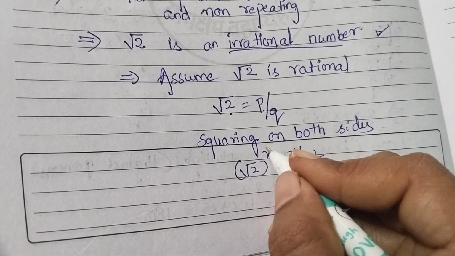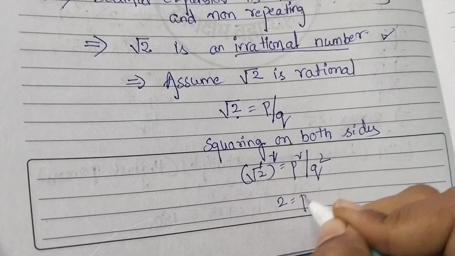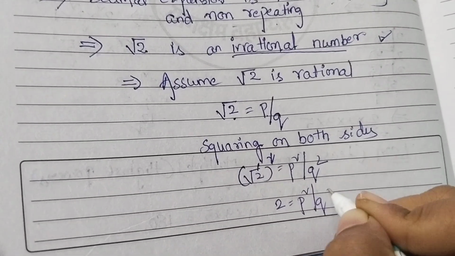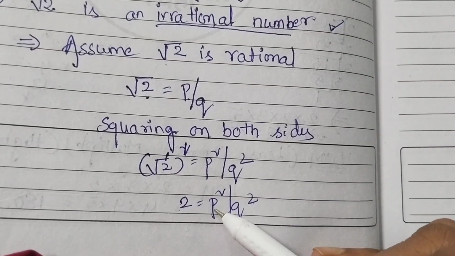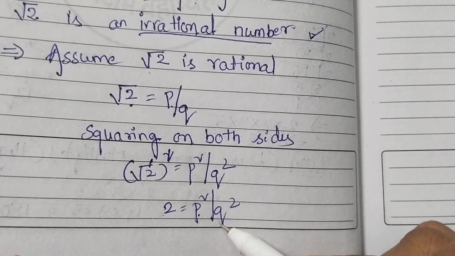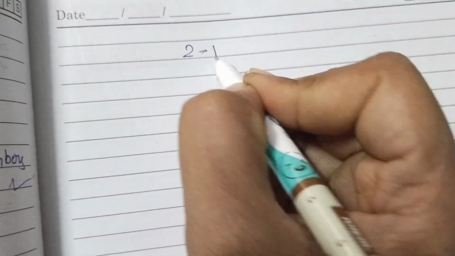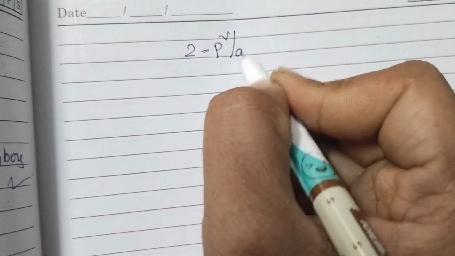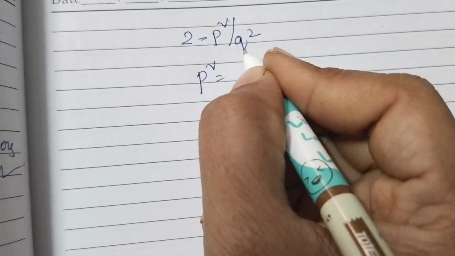Root 2 whole square means the square root cancels, so 2 is equal to p square by q square. Now what will be the p square here? I'll write again here: 2 is equal to p square by q square, so p square is equal to 2q square.